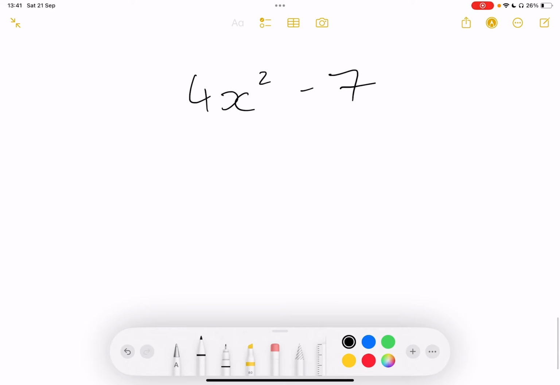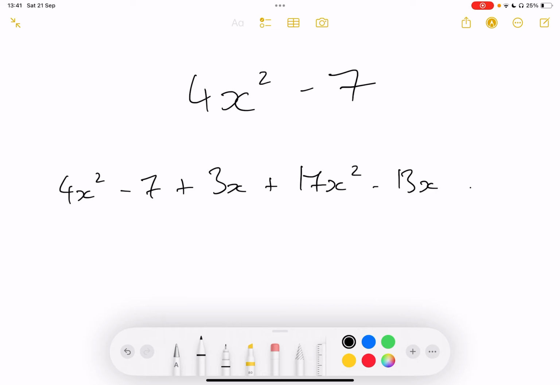Whereas if we instead wrote something like that, it's a little trickier.